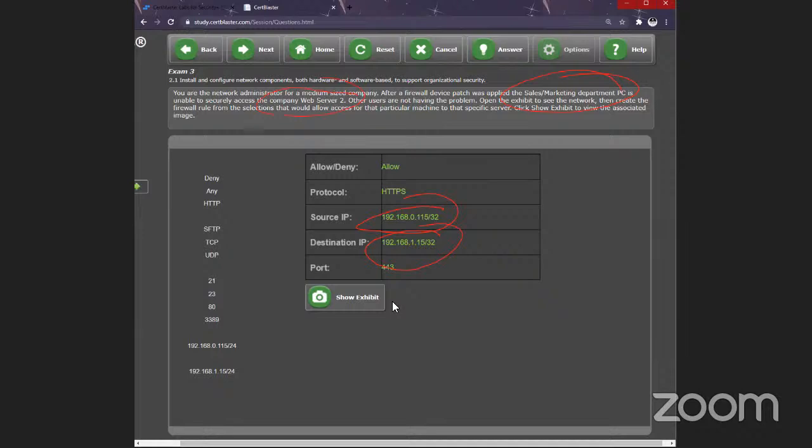But if we were talking about multiple, then it'd be /24. If you wanted to allow the entire subnet or that entire IP range, or however you're segmenting your network, then /24s may work better. It depends. There's a bunch of /24s, /16s, and so on.